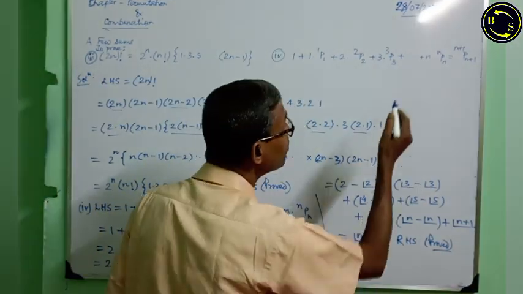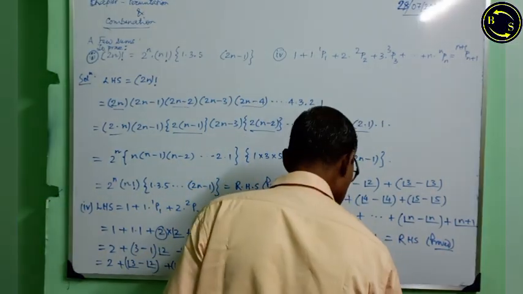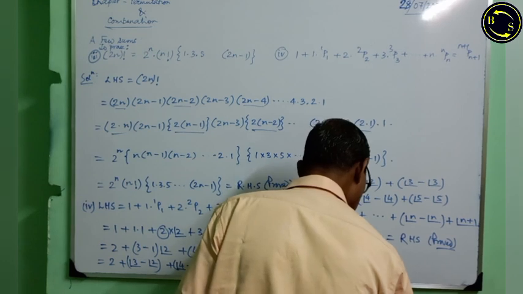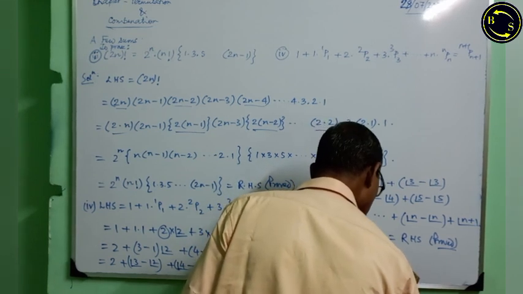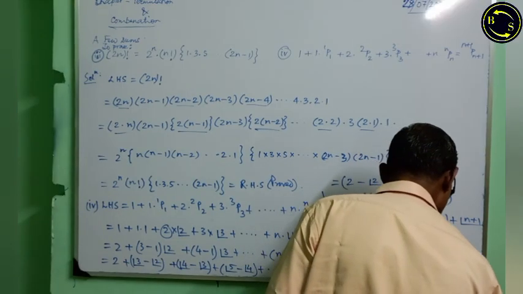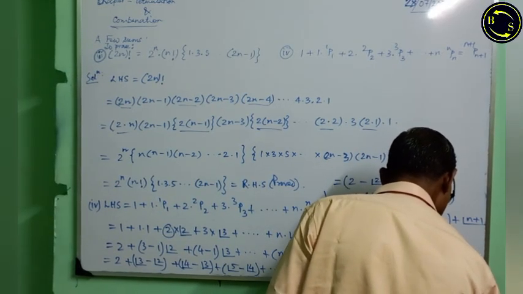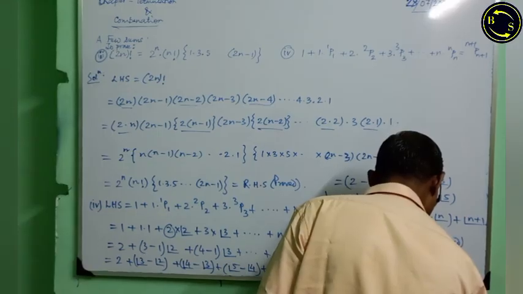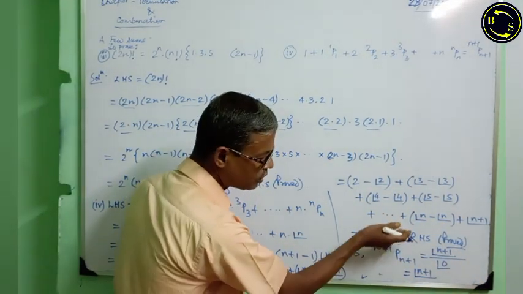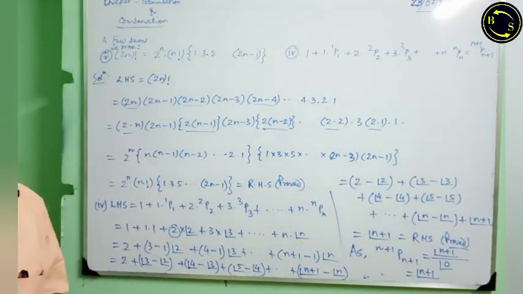Now, RHS part is n plus 1, Pn plus 1. Therefore, just we mention here as n plus 1, Pn plus 1 is equal to factorial n plus 1 by factorial 0, which is factorial n plus 1. Or we can add this step here. Therefore, the sum is solved.